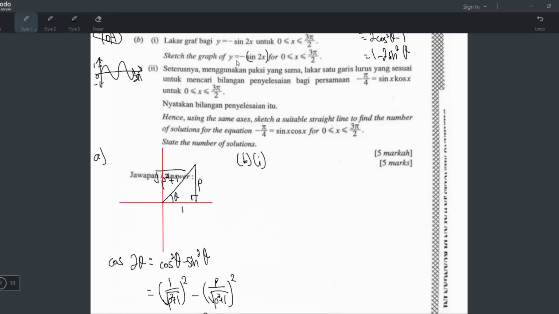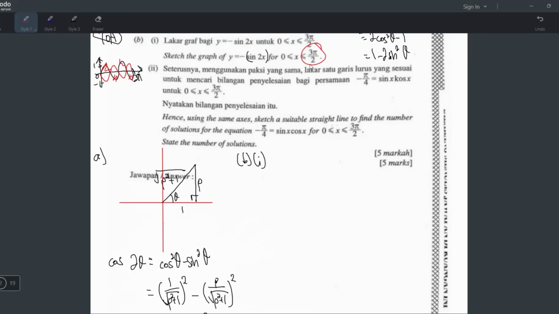But when you do negative, the whole thing has to be flipped. Everything has to be flipped. So it becomes like that, like that, like that, right? And then all this is gone already. So this is how it looks if you draw until 2 pi. The 3 pi over 2, we worry about that later, after we mark the 90, 180, 270, 360, then only I erase the extra part.